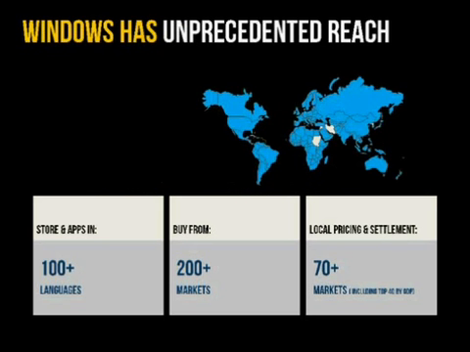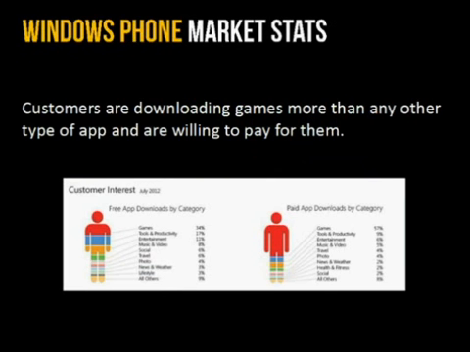One of the cool things, and I'll talk about this as well, is that Windows 8 actually reaches to mobile and tablet devices, which are becoming incredibly more popular over desktop computers. Just to show you, Windows in general has over 100 languages. It's all over the world, and it's a huge, huge platform. I also have some stats I can share from even the Windows Phone market.